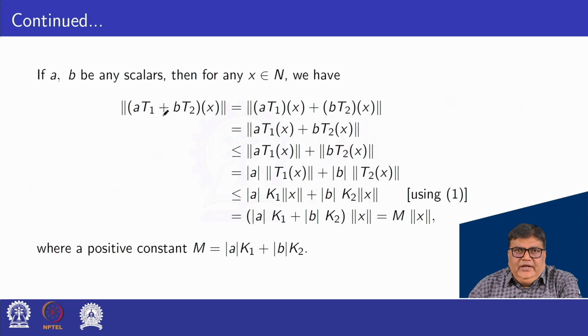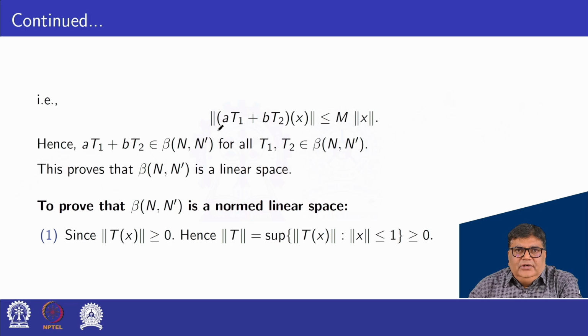So norm of (a T1 + b T2)x is less or equal to m norm x. So a T1 + b T2 is a bounded linear transformation. So we can say that a T1 + b T2 is an element of B(N, N') for all T1, T2 belonging to B(N, N'). This proves that B(N, N') is a linear space, that is a vector space.